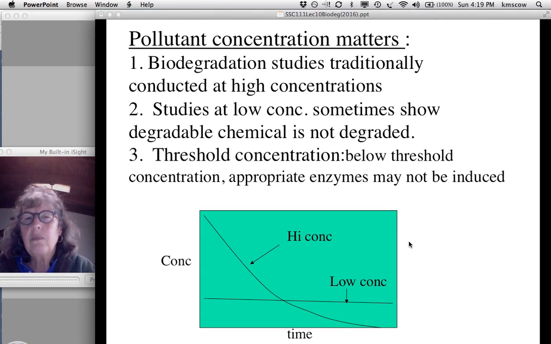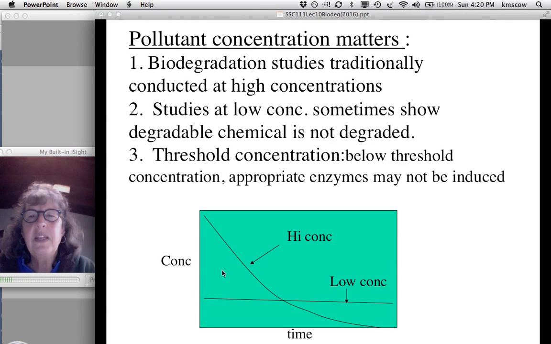But it turns out for a lot of them, if you start at a lower concentration, actually the organisms cannot degrade it at all. So there's this concept of threshold concentrations for certain contaminants, that they can be at low enough concentrations that, in a sense, the microbes can't see them.